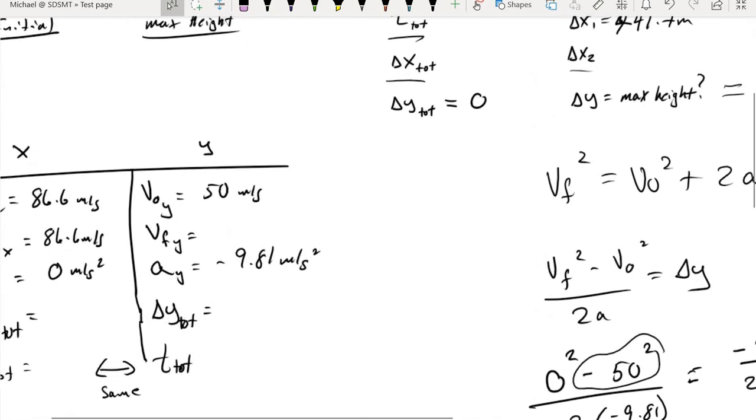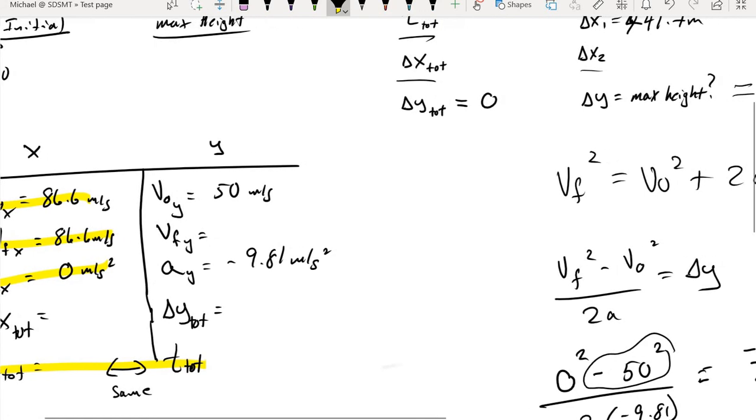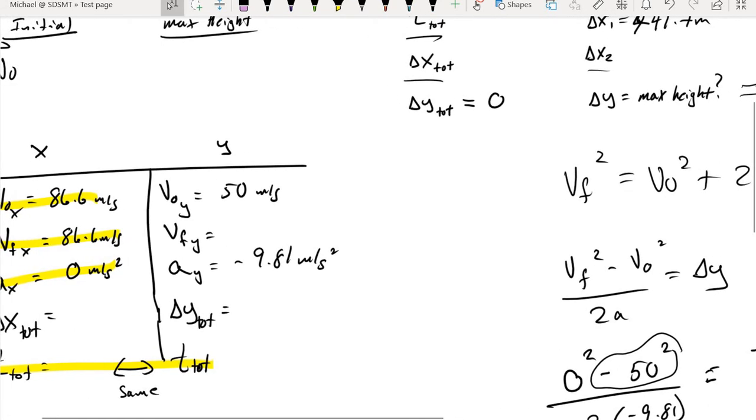What information do we have so far? I once again have that impossible scenario over in the x direction: constant acceleration and constant velocity. So I won't be able to solve anything in the x direction until I find that total time of flight. But in the y direction, we're lacking some information.